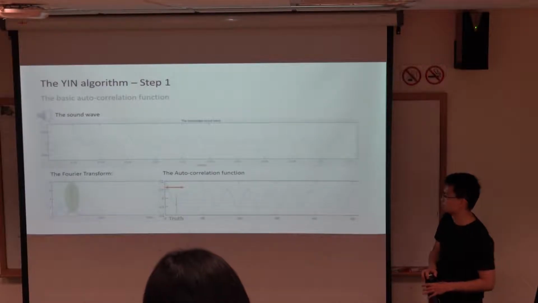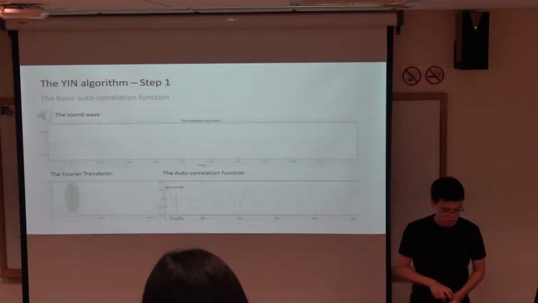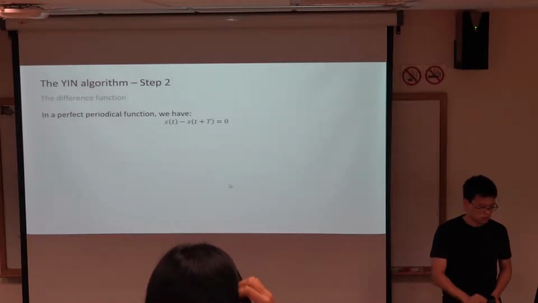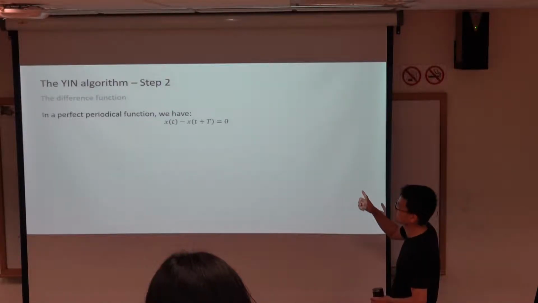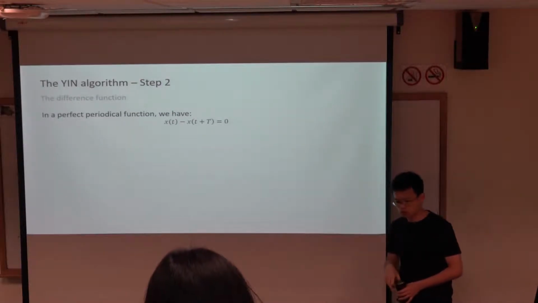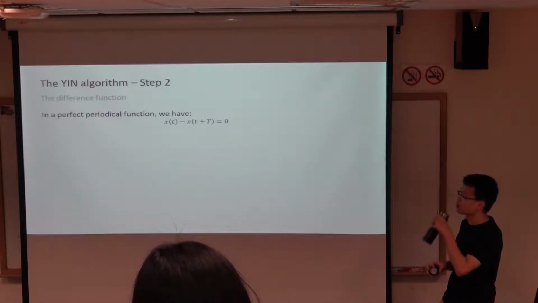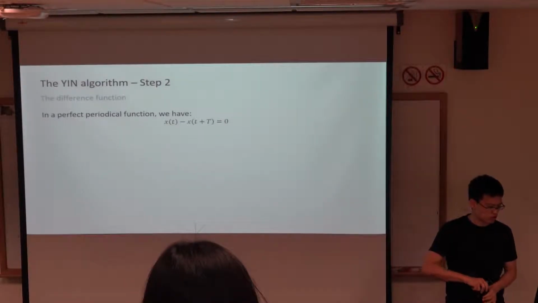But mostly people do not give a predefined frequency range. So let's move to step 2. Step 2 actually doesn't change much. It just changed the autocorrelation function to a different function. Okay, so what is the difference function?